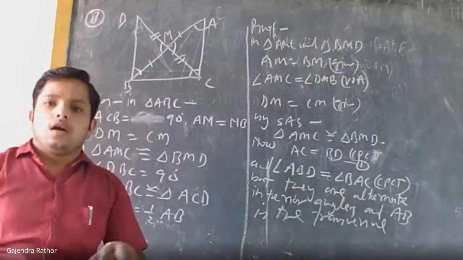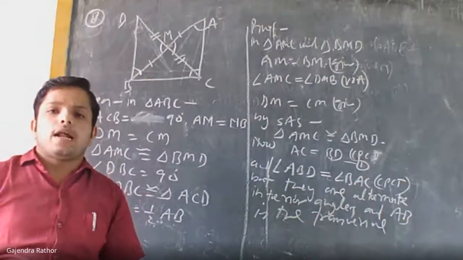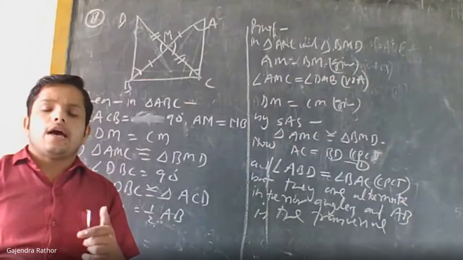You know that if lines are parallel, the alternate interior angles are equal.